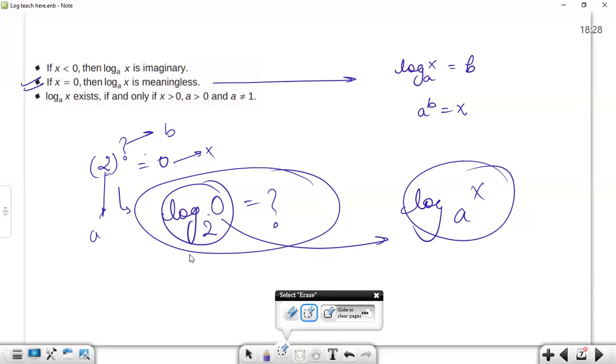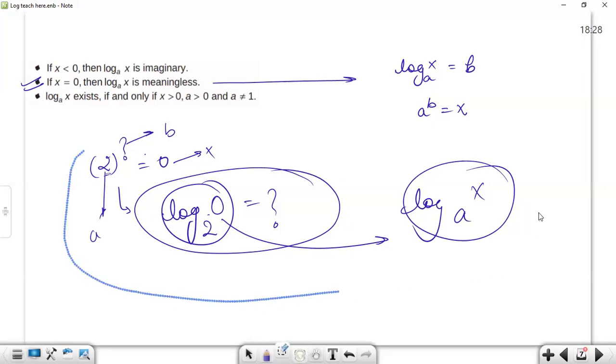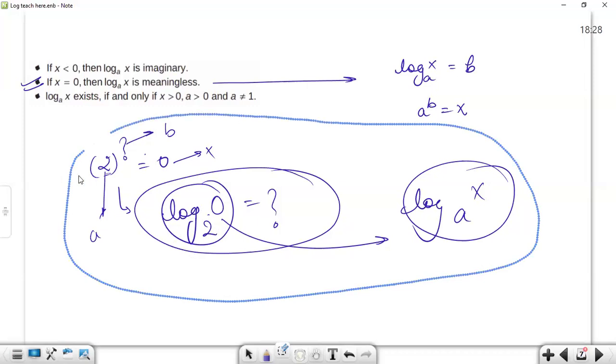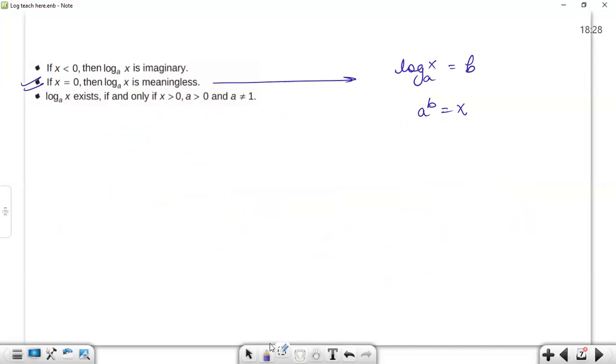Yeah. First, logarithm of x to the base a. Let's consider this is giving some value b. What does it mean? That a raised to power b is giving us x.